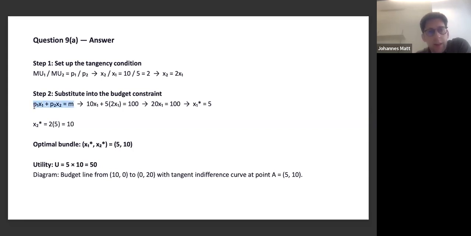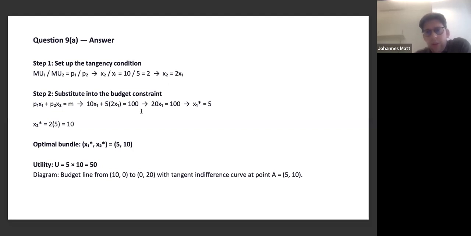It just tells me I buy x1 units of steak at this price, and I buy x2 units of vegetables at this price, and that has to be equal to my total budget, right? And so if I'm substituting in here for the prices 10 and 5, and for the budget 100, I have a second equation that determines x1 and x2, and now what I have is a system of 2 equations and 2 unknowns, x1 and x2.